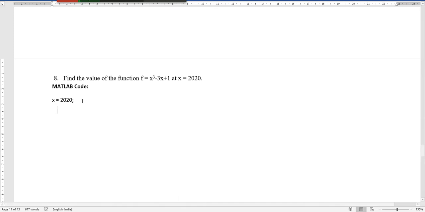In place of power I will use caret. x caret 3 minus 3 into x. Into means asterisk, otherwise you will get an error. Okay, we will calculate the value.